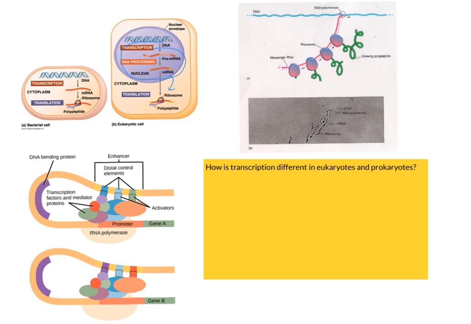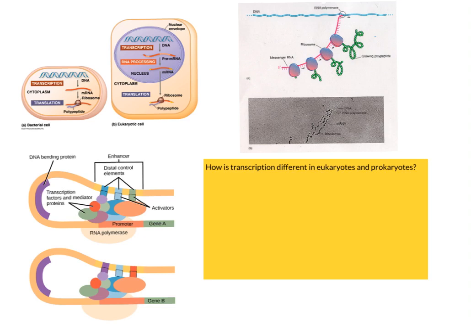So what we know so far, right, is that transcription is where RNA polymerase attaches to the promoter and makes an mRNA transcript of the coding region based on the specific base pairing rules of A pairing with U and G pairing with C. However, when we think about prokaryotes and eukaryotes, while the end result is shared, the details of the process are a little bit different in those two categories of organisms.